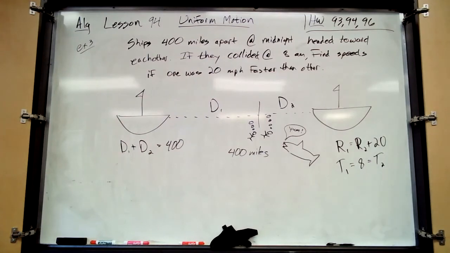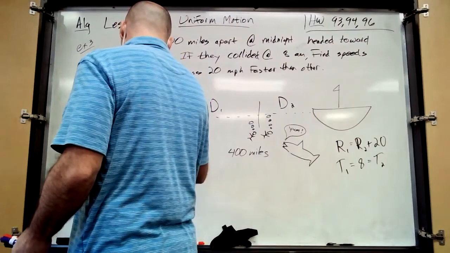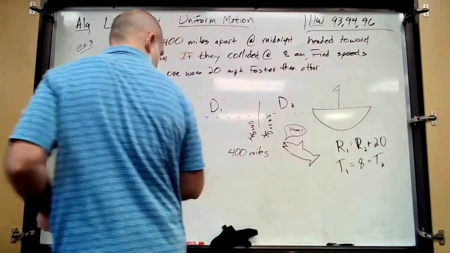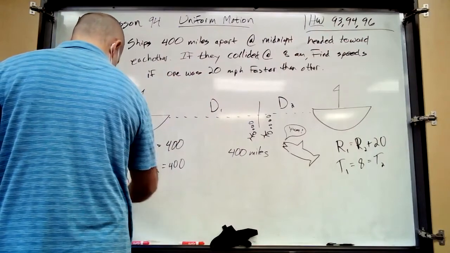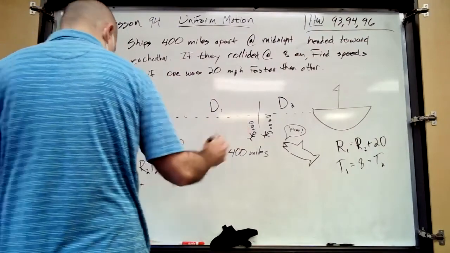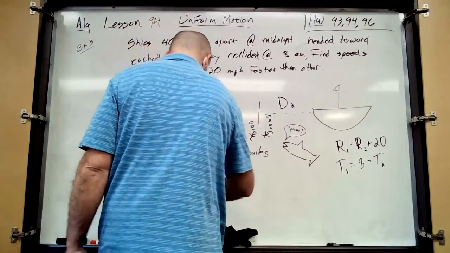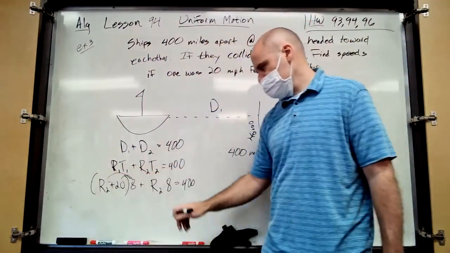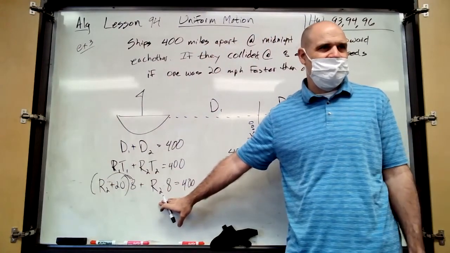So we have two numbers, and then we have an expression that we can just plug in. So remember, this is R1 T1 plus R2 T2. Okay, so R1 is this expression, R2 plus 20. T1 is 8. R2 we don't know, but T2 is also 8. So there's our messy equation. So let's distribute that 8. R2 times 8 is just 8R2, right?